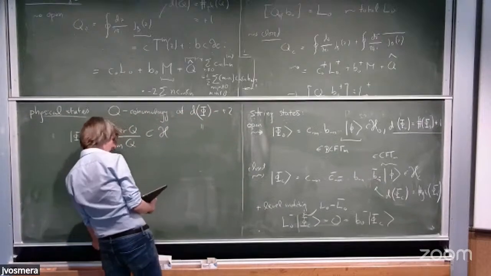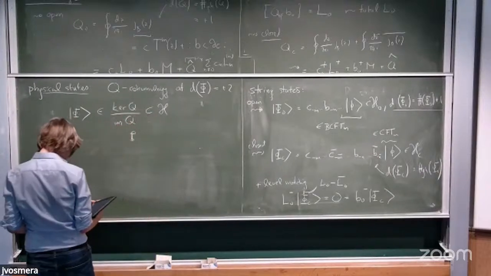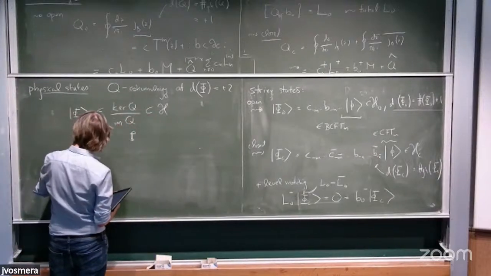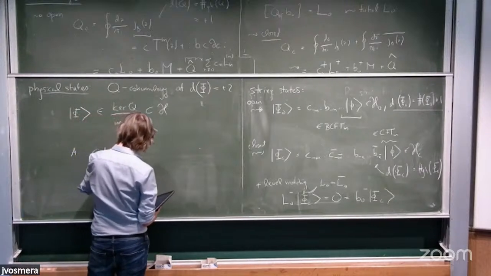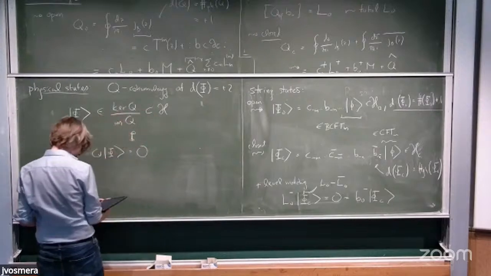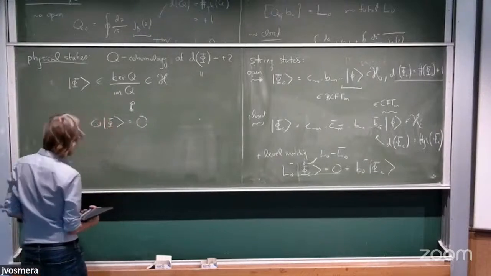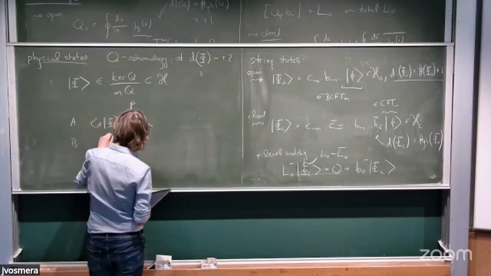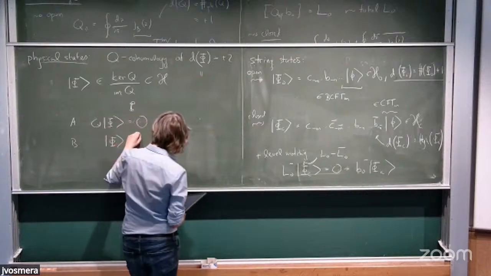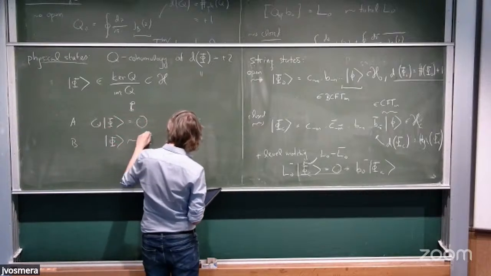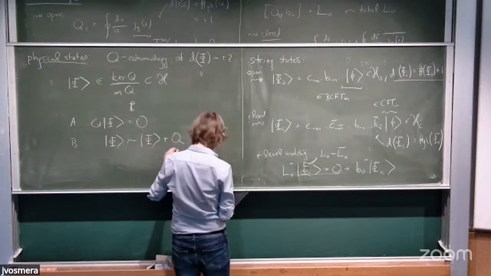And that in turn is as good as saying that phi is physical if and only if, A, it is annihilated by Q, and B, we are instructed to identify physical states which are represented by phi with the physical state represented by phi plus some state which is Q exact, phi plus Q lambda.